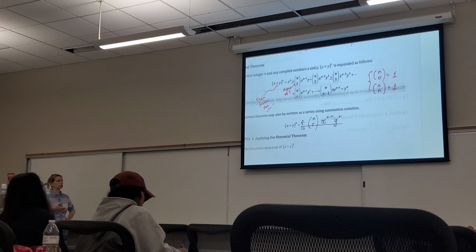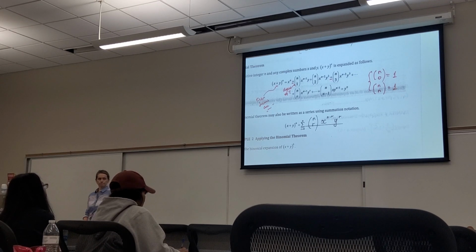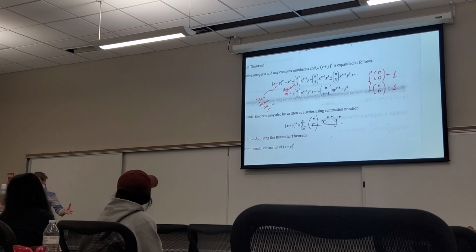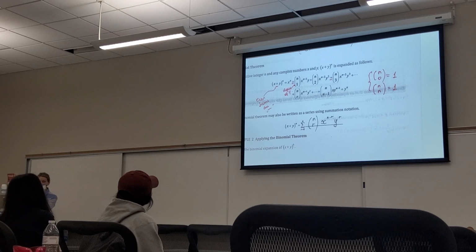So this is the general formula for how to find this sum. And pay attention to the question, because we can ask you to expand and find the sum, or we can ask you to find one specific term, then you don't need to do all of this work. Yes? Good? Okay, let's try.